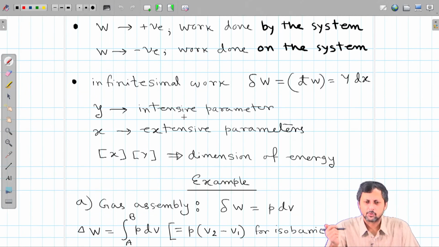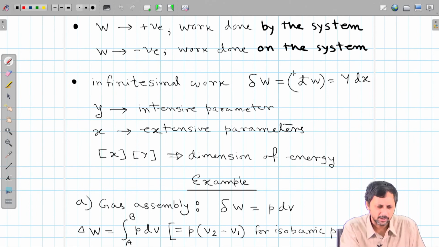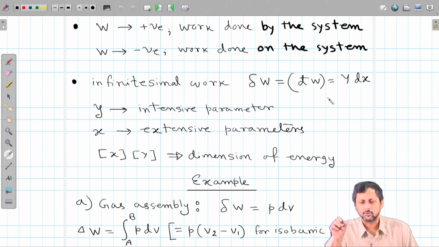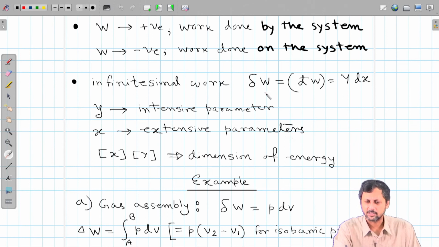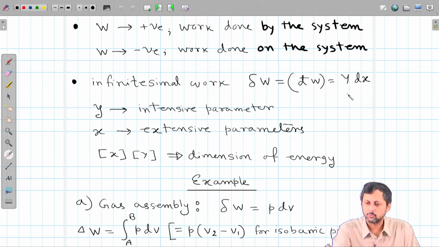In general, the work done is written as delta omega or curly delta, or d cut, to distinguish it from a perfect integral which is given by small d. So, this is an imperfect integral represented either like this or like that, depending on the textbook you choose, and in general the form is y dx, where y is an intensive parameter of the system, x is an extensive parameter of the system, such that the product xy has the dimension of energy.